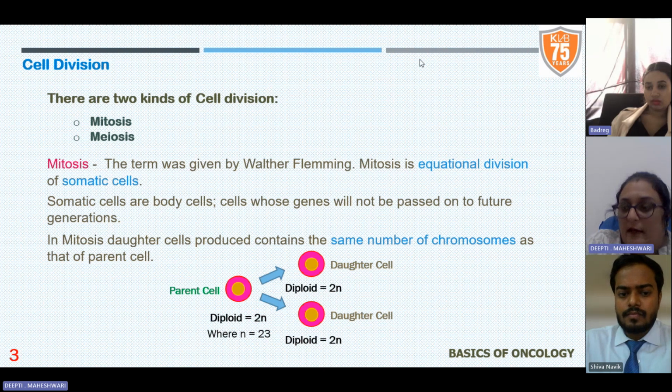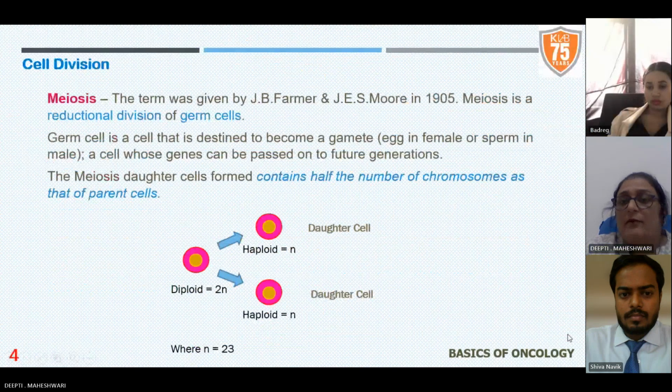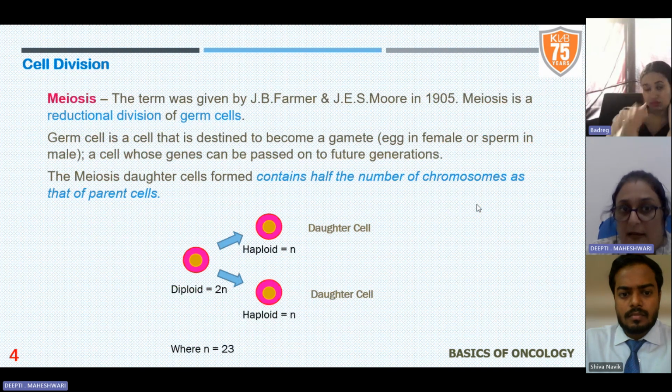Meiosis basically is for the reproductive cells. Just one second. Meiosis is basically cell multiplication which is seen in the reproductive cells. You have reproductive cells in the testes and ovaries.